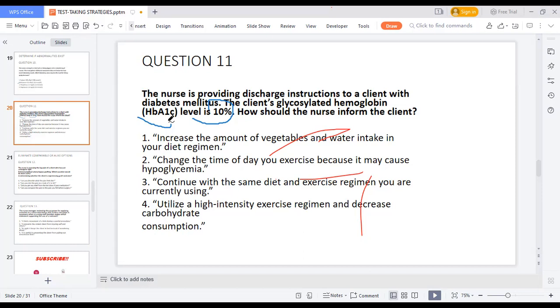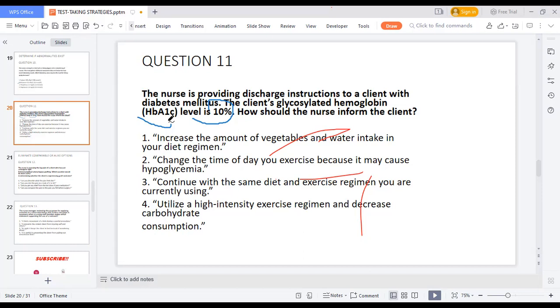So after getting this information, I've given you what will be the right option. How should the nurse inform the client, depending on the lab values? Remember, as a nurse, you have to know lab values. There are abnormal values and there are critical values.